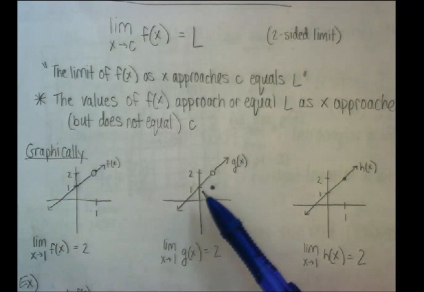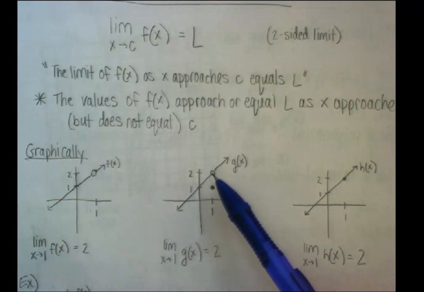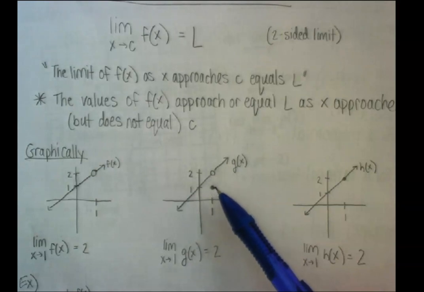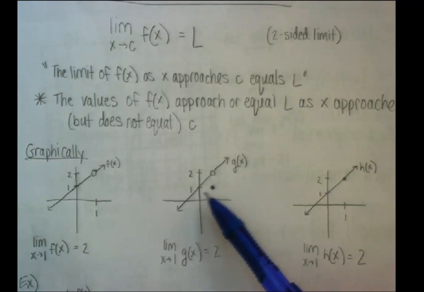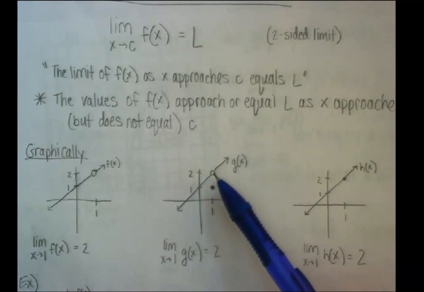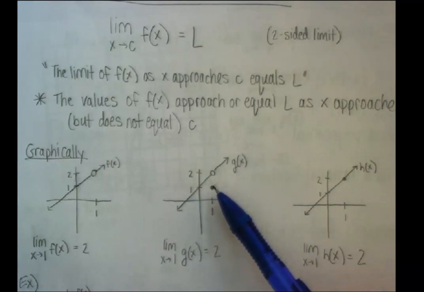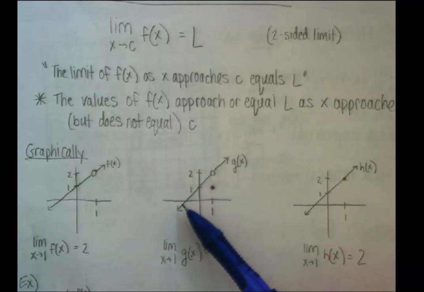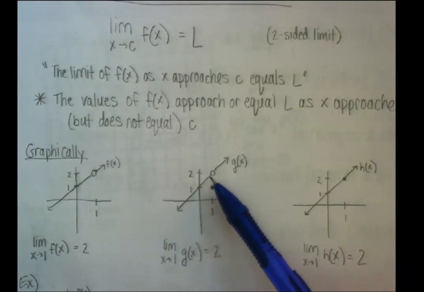Even in this second graph, where it still has a hole, the first graph had a hole, right? This one does too. But now there's a separate definition for that point somewhere else. That still doesn't affect the limit, because the limit is just what's happening as we approach that value. So we don't care what the actual value is at x equals 1. We just care what the y value is as we approach x equals 1.